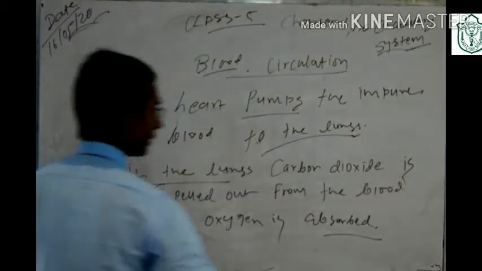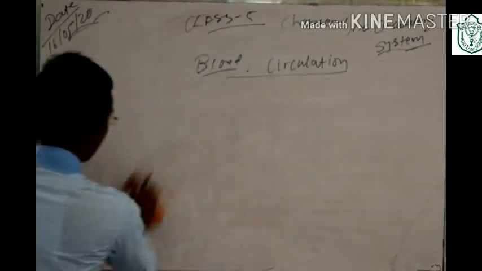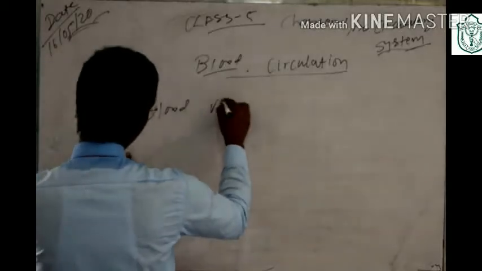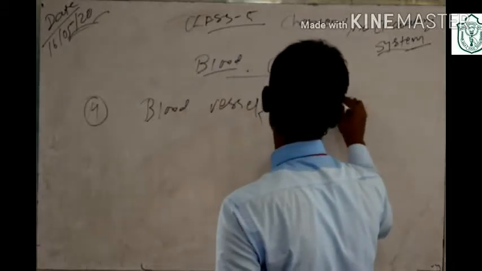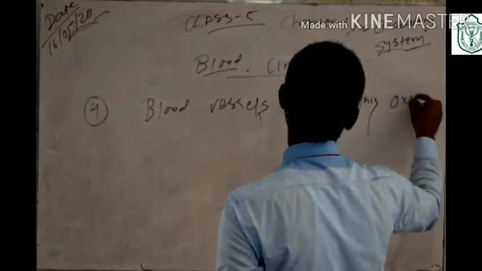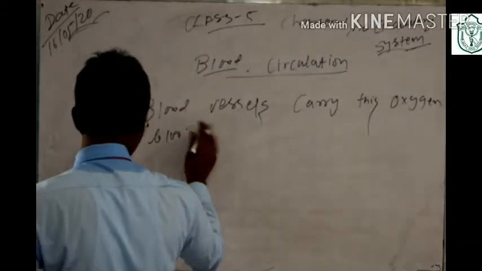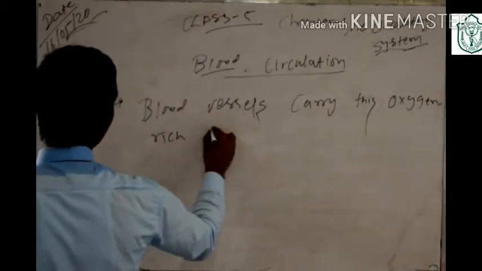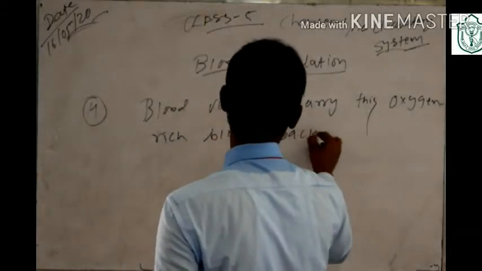In the fourth point, blood vessels carry this oxygen-rich blood back to the heart.